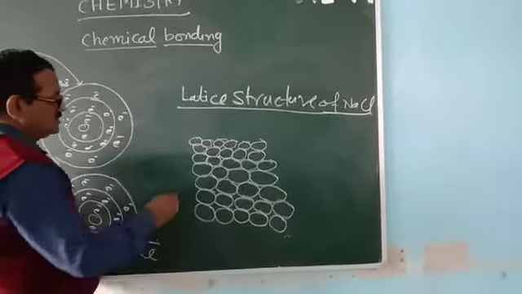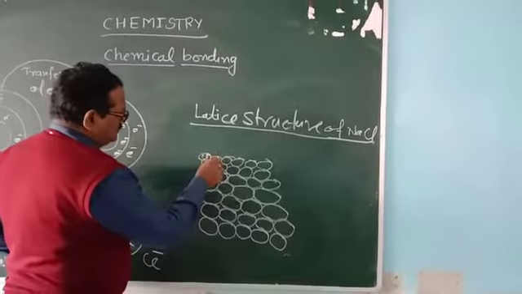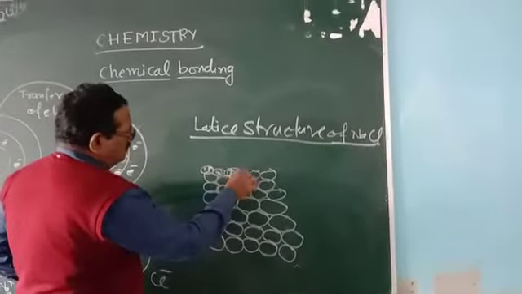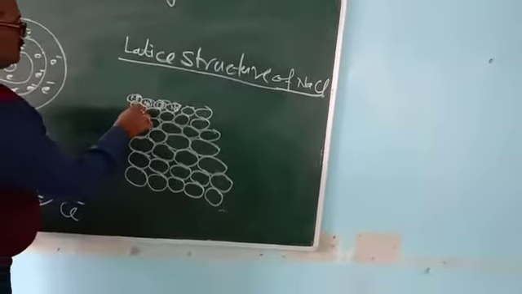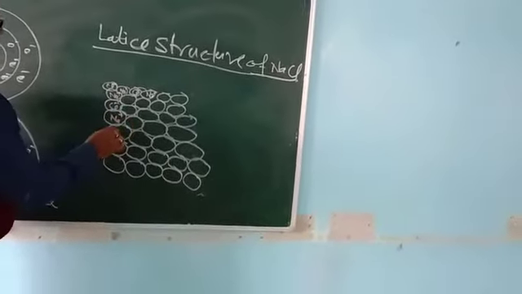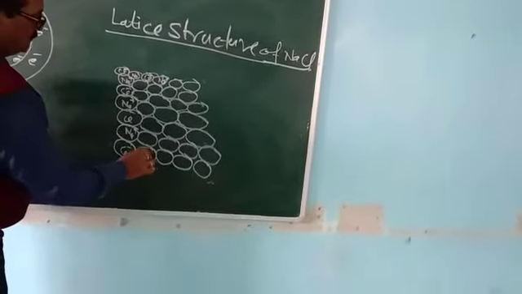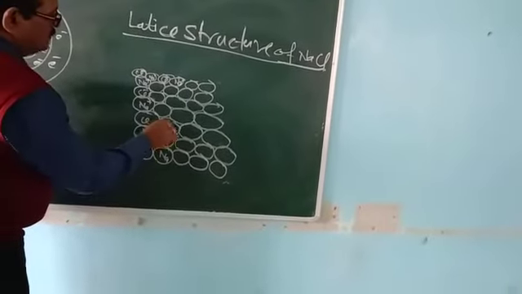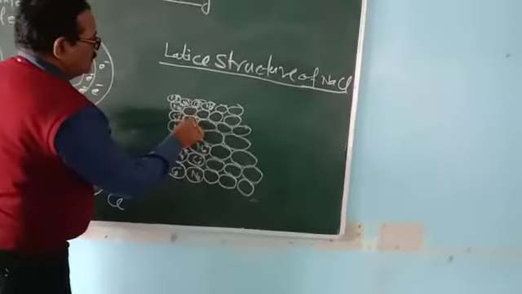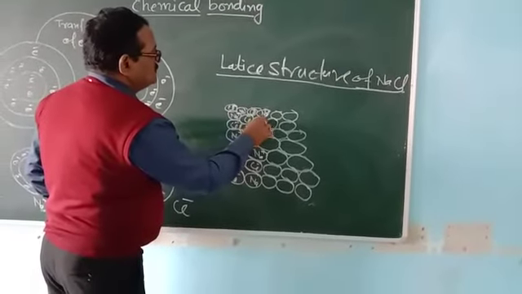In this lattice structure, suppose this is Cl-, this is Na+, Cl-, Na+, and Na+, Cl-, Na+, Cl-, Na+, Cl-, Na+, Cl-. You can also draw this type of lattice structure.